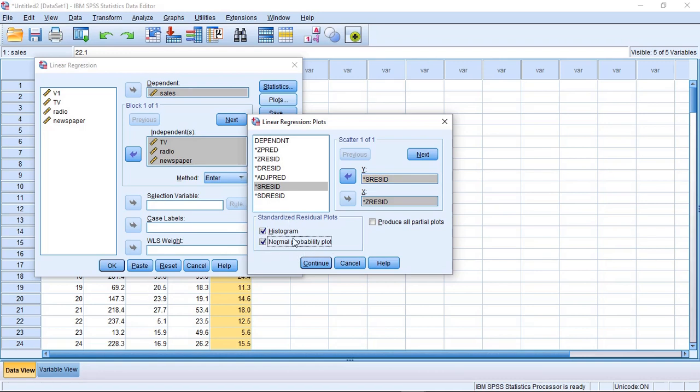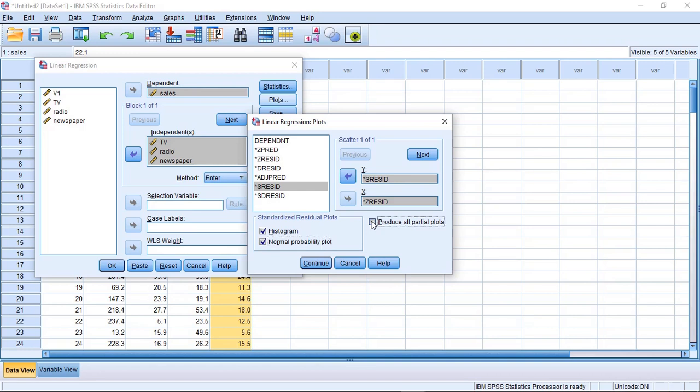These graphs are going to help us identify whether our data is normally distributed. When we are modeling a multiple linear regression model, there are several assumptions that you need to take note of. So these plots are going to help us in concluding whether this data is normally distributed.